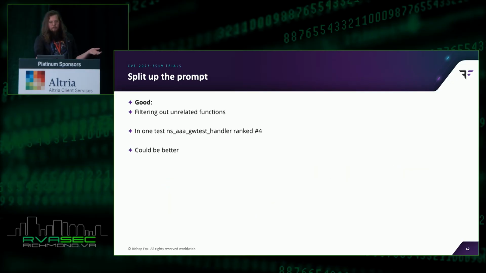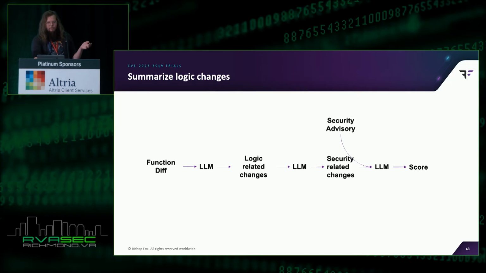So it was good at filtering out unrelated functions, but at best, it put our function at number 4, and so it could just be better. But we were figuring out that by having it reason in a paragraph of, hey, security-related changes, this is the advisory, it was similar enough language that it could start doing a better job of understanding and reasoning, really.